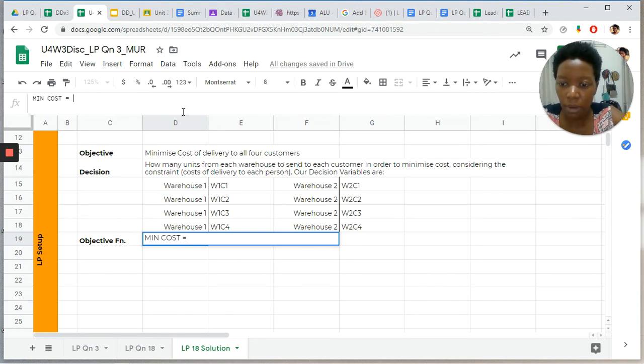So my minimized cost is going to be some cost that goes with warehouse 1, customer 1, plus some cost that goes with warehouse 2, customer 2, plus some cost that goes with warehouse 3.